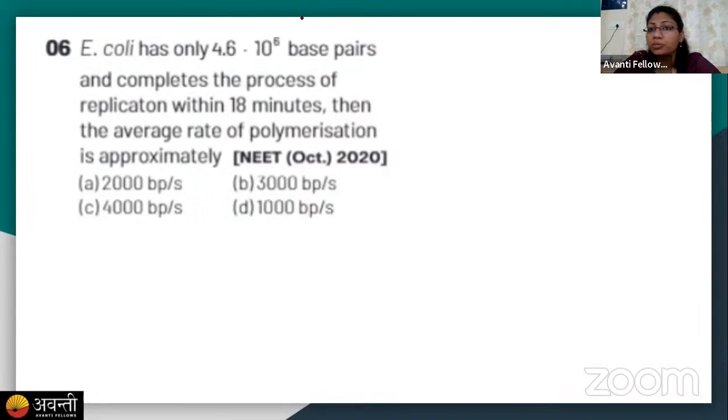So here is the MCQ poll, and it will remain here for 25 seconds. You have to calculate the answer and feed your answer in the MCQ poll. Out of these four options, option A says 2000 base pair per second, option B says 3000 base pair per second, option C says 4000 base pair per second, and option D says 1000 base pair per second. So we have to find out what the average rate of polymerization is.